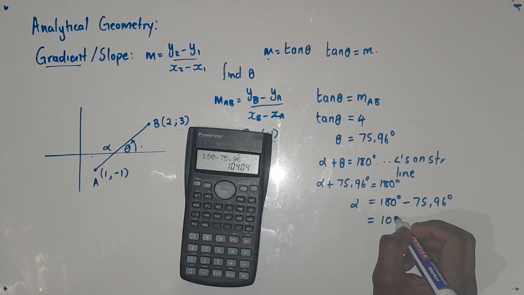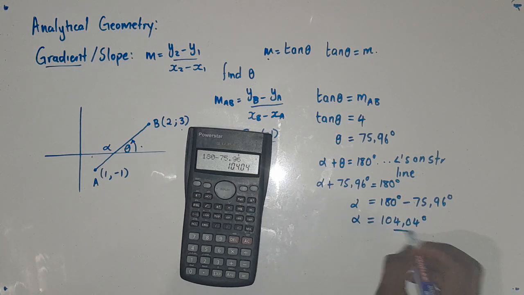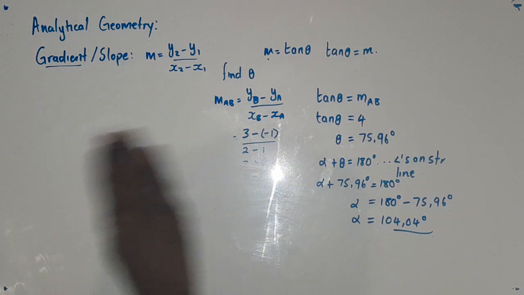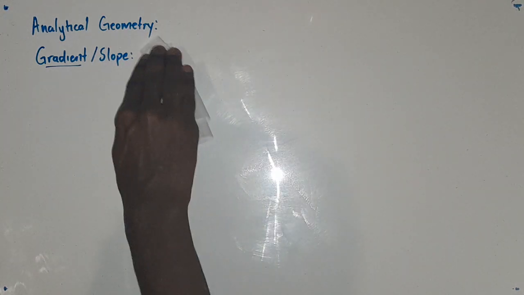I get 104.04 degrees for alpha. Like this, we have managed to determine the angles alpha and theta as well. Then let us continue.